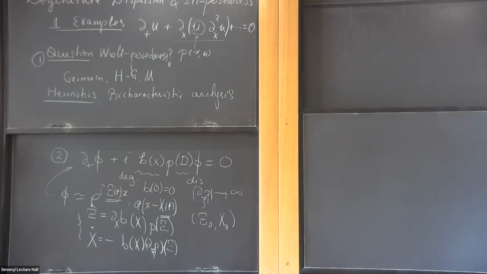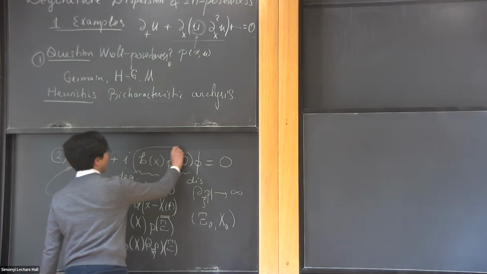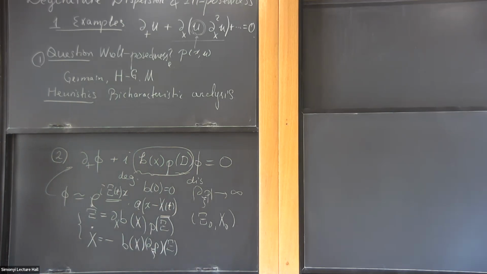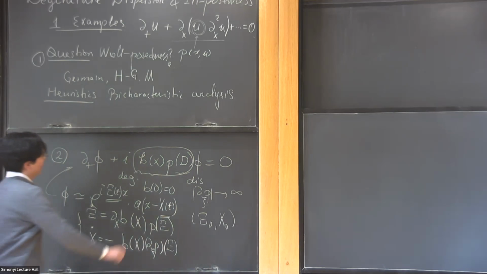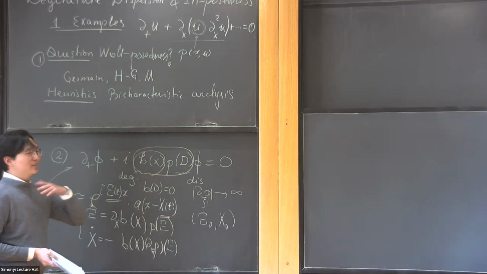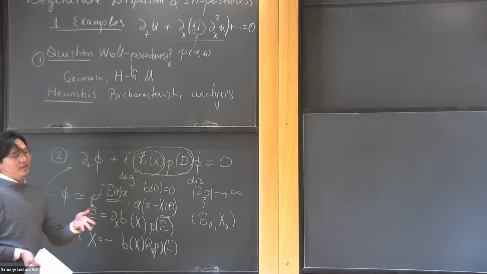And what you will see is that the Hamiltonian, which is x times p of ξ, is supposed to be conserved along the solution. However, this is degenerate. By definition, it means that it vanishes as x approaches the degeneracy.